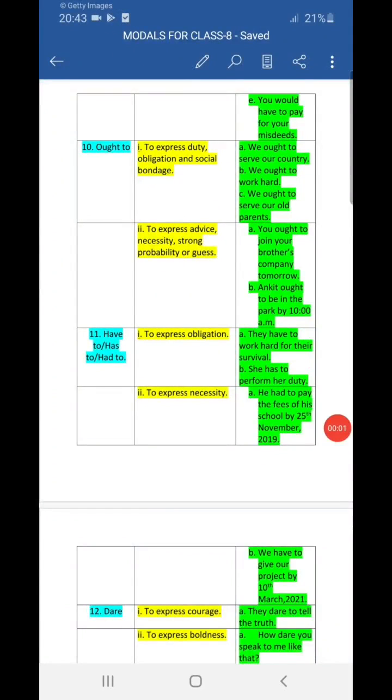So there is an advice. Next one, number B. Ankit ought to be in the park by 10 a.m. So here a strong probability or guess has been revealed.